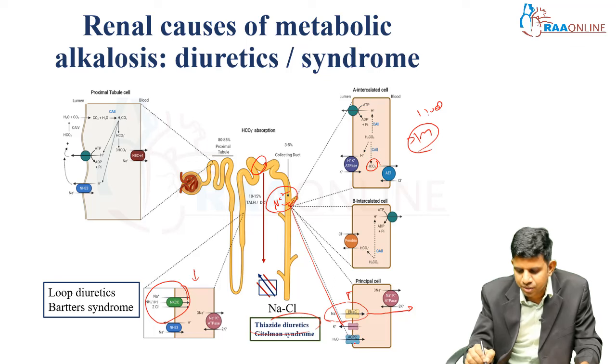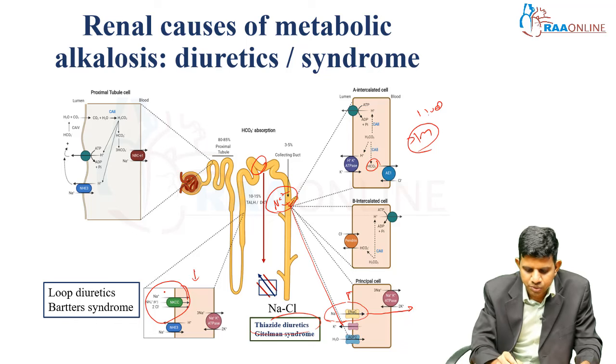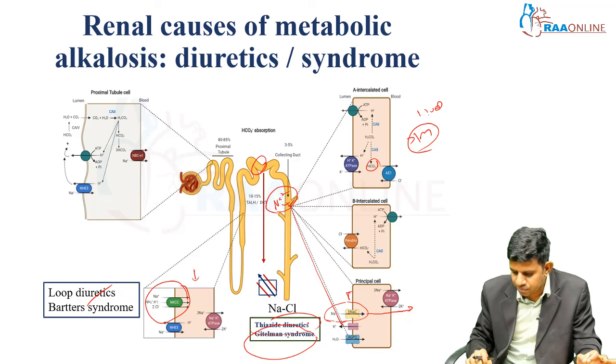The same thing: increased sodium delivery to the distal tubule, the sodium is absorbed, and each molecule of sodium absorption will secrete one hydrogen ion; each hydrogen ion secretion in the lumen adds one bicarbonate to the blood. So, this is the way loop diuretics and thiazide diuretics cause metabolic alkalosis. The sodium potassium chloride channel blocker is Bartter syndrome. Down regulation of the sodium chloride co-transporter, the congenital syndrome, is Gitelman syndrome.